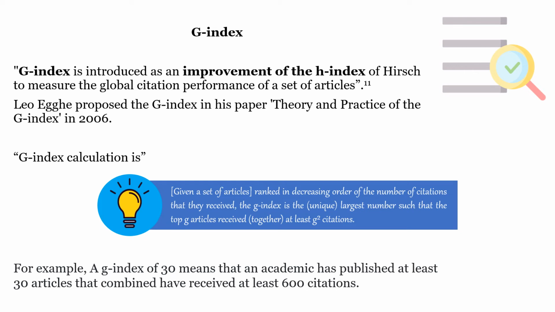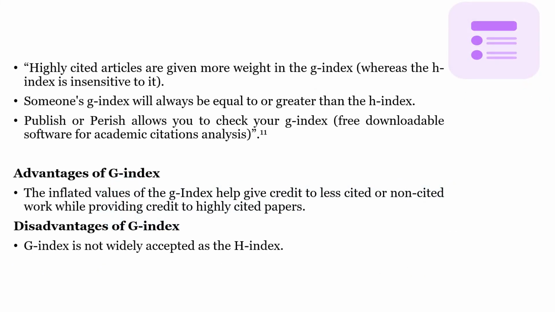So it's 30 into 30. Highly cited articles are given more weight in the G index. Someone's G index will always be equal to or greater than the H index.